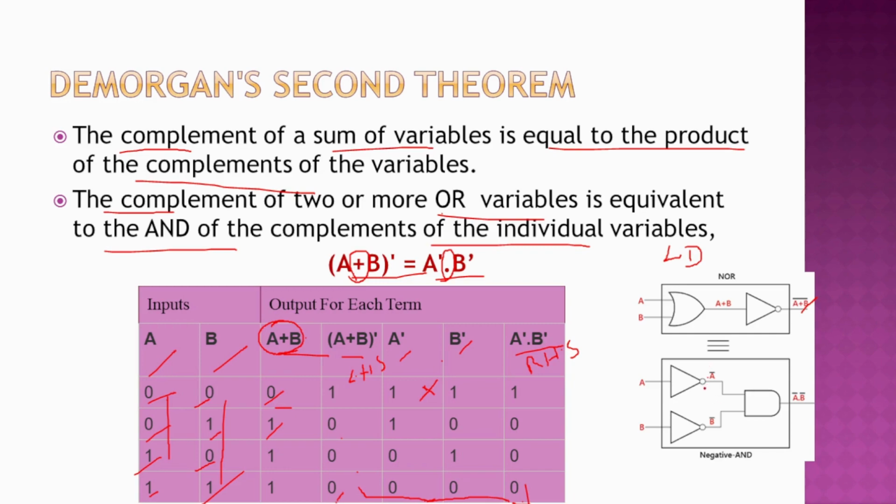Draw the diagram for A bar using the NOT gate, and for B bar use the NOT gate as well. Then both will be connected using the AND gate to get the output A bar dot B bar, and this is the negative AND gate. In the second theorem, the NOR gate is equivalent to the negative AND gate.